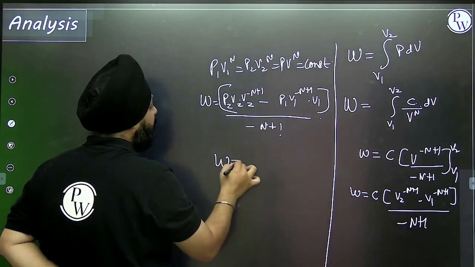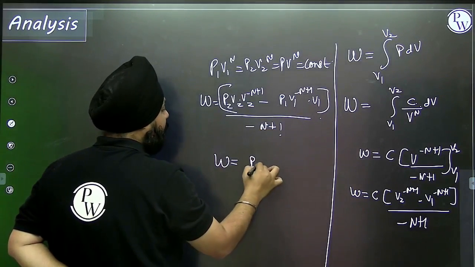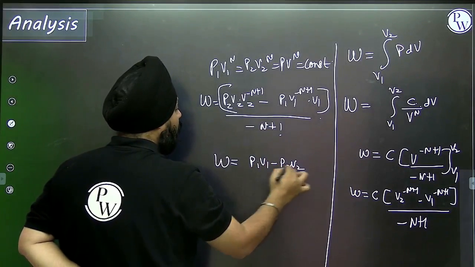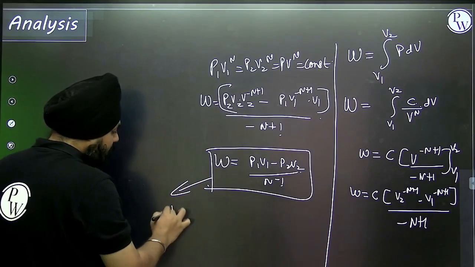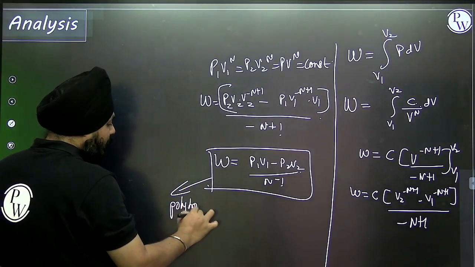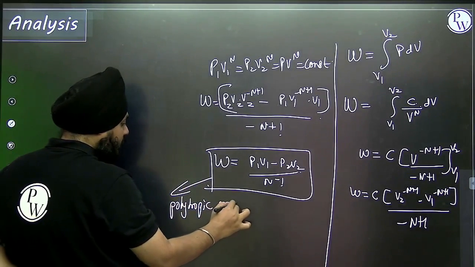So finally we are getting the work done as P1 V1 minus P2 V2, whole divided by N minus 1. This is the work done for the polytropic process.